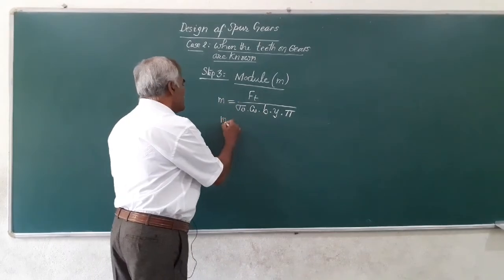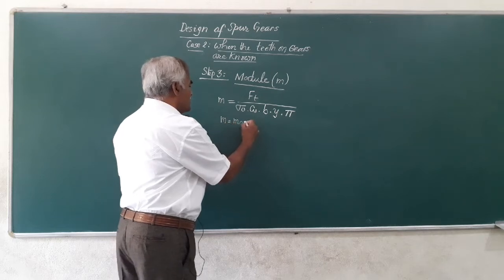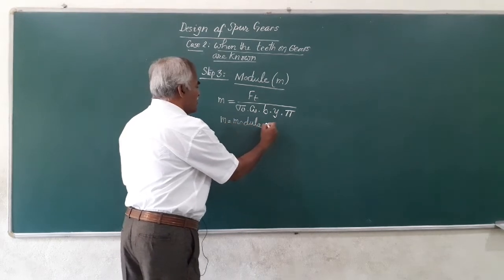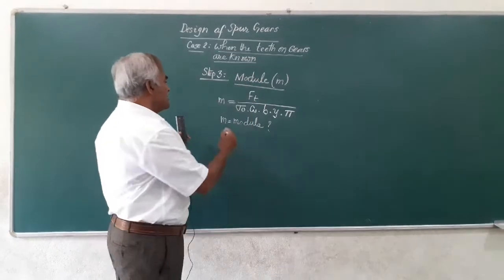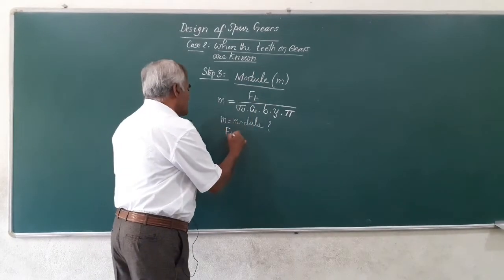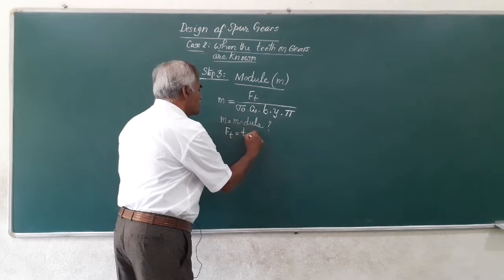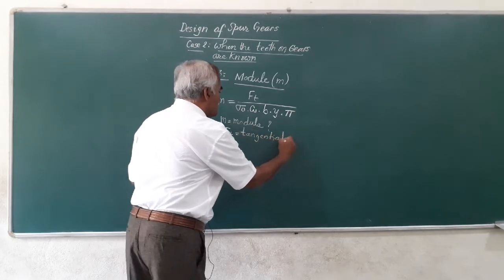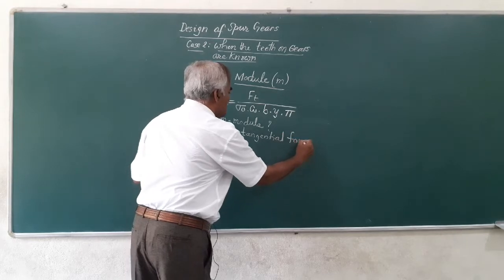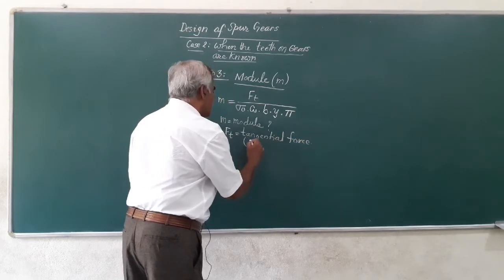So, m is the module that is to be found out. So, I keep it as a question, and this Ft is the tangential force on the member. So, that will be in terms of newtons.